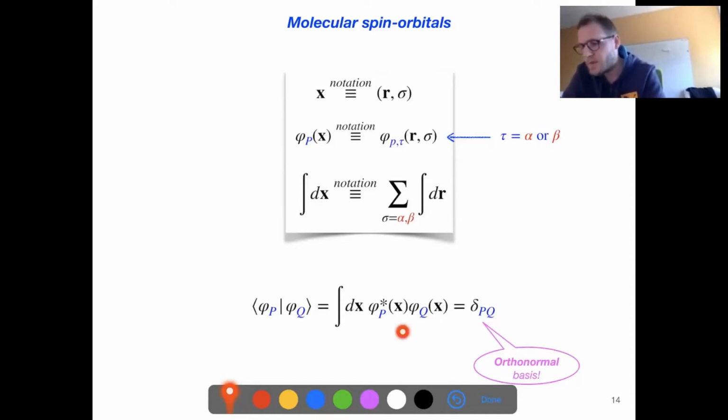This is how I would evaluate this inner product. And again, because I started with a basis of orthonormal orbitals, my spin orbitals will remain orthonormal. And this is important. This will have an impact you will see later on when we start talking about the second quantization. So in summary, we work with the basis of spin orbitals because we included the spin into the theory, and that basis is orthonormal.